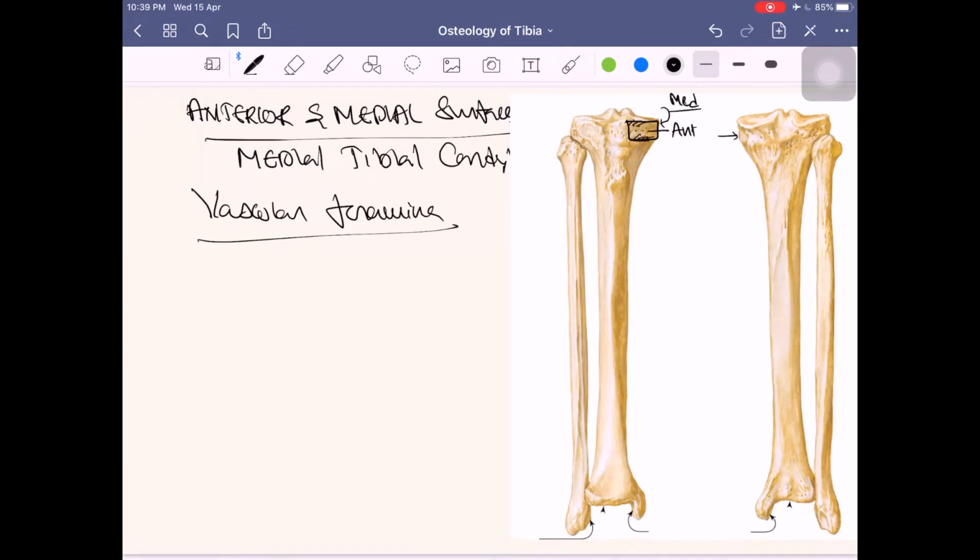The lower margin and the upper margin of both provide attachment to the aponeurotic extension of your vastus medialis, called the medial patellar retinaculum. So the medial patellar retinaculum attaches to the upper and lower margins of the anterior and medial surfaces of the medial tibial condyle.